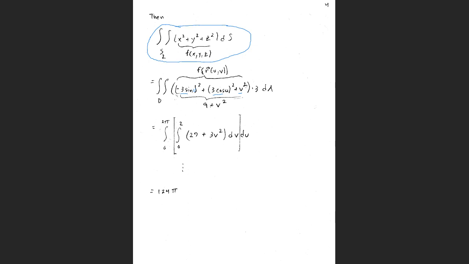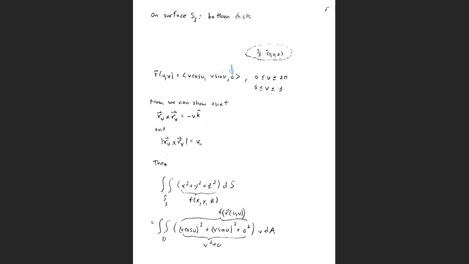Okay, then let's move forward. So here's the bottom disk. And of course, it contains the origin. The parameterization is just like the top disk, except z equals 0.